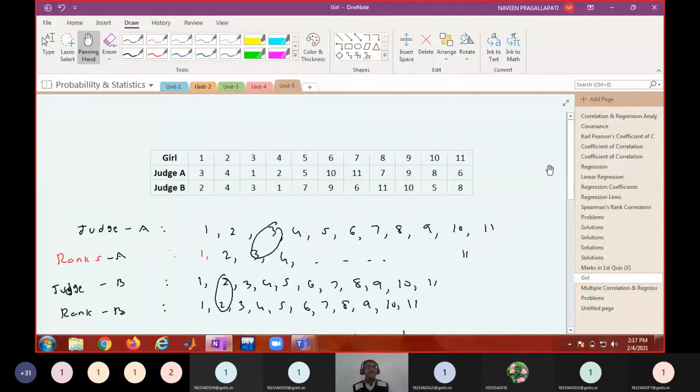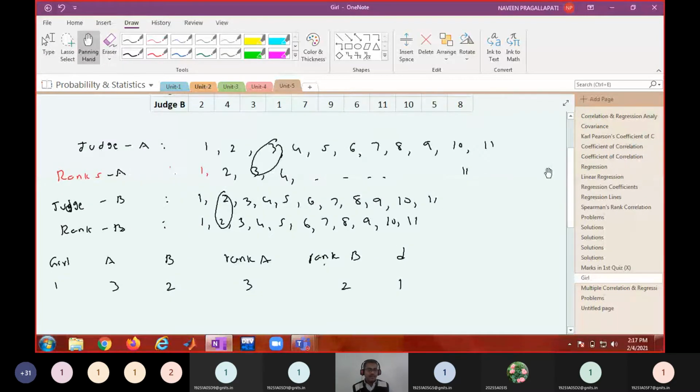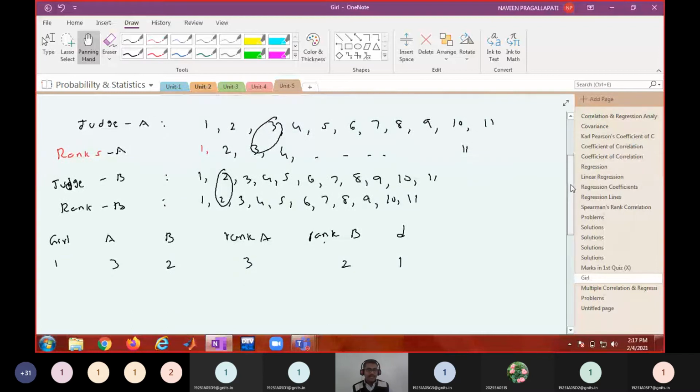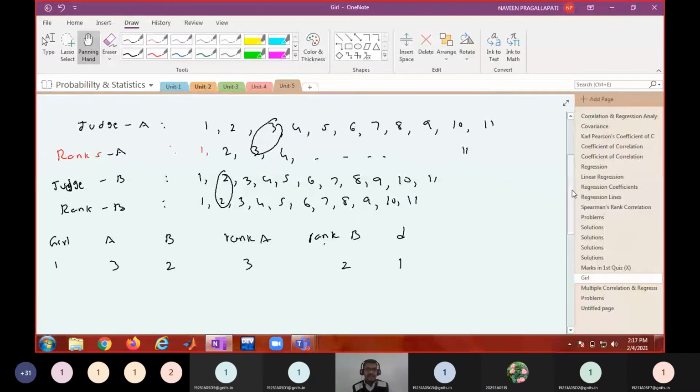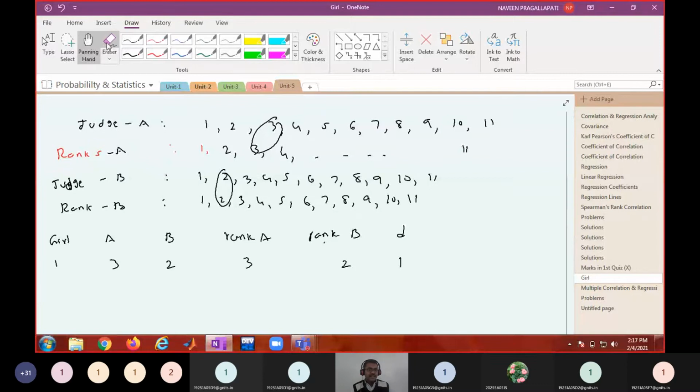Do you understand? Yes, sir. So I'm telling that for this problem, writing ranks is redundant because the data itself is rank. Am I clear to you? Yes, sir.